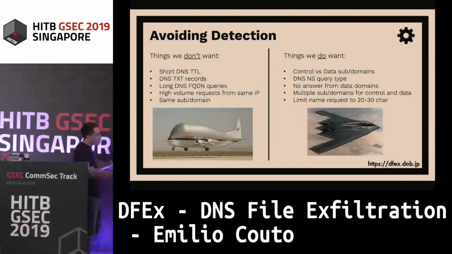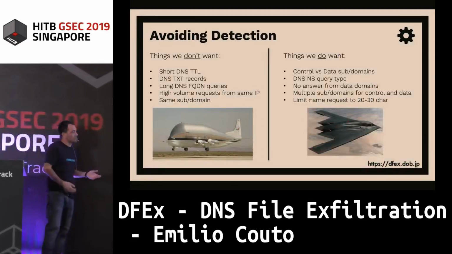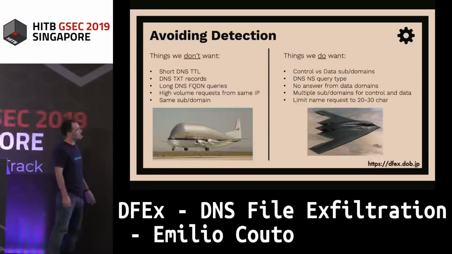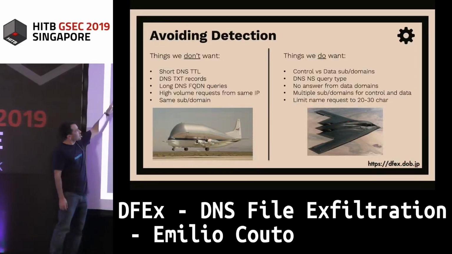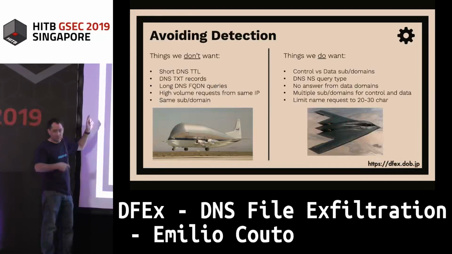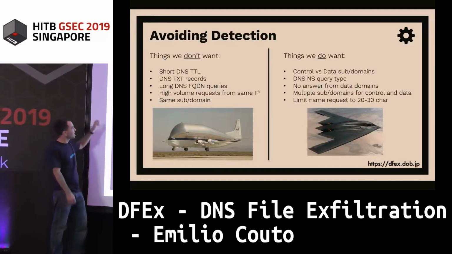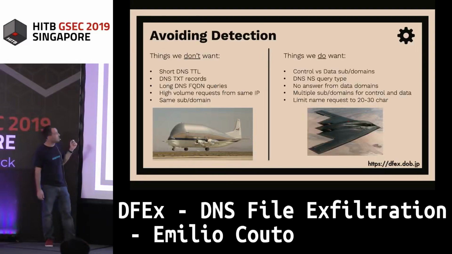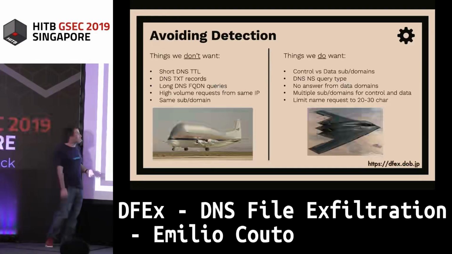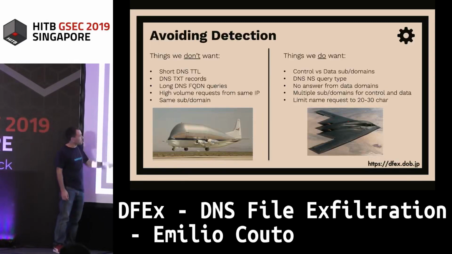If you look at all the current tools on the market, you see they have things in common. They use very short TTLs to avoid caching on DNS. They use TXT records because they can fit a large chunk of data in them for tunneling and exfiltration. They have very long, suspicious DNS names.